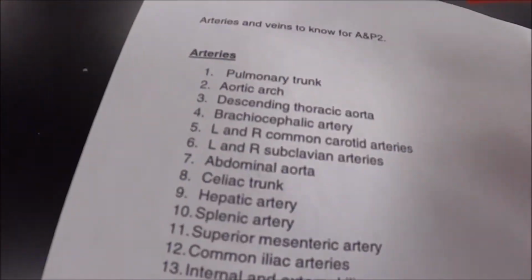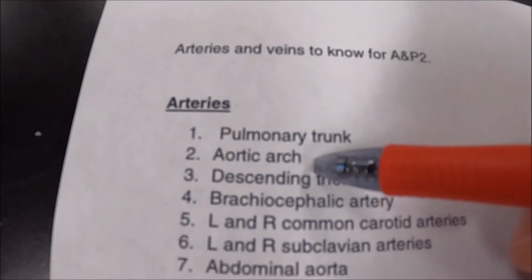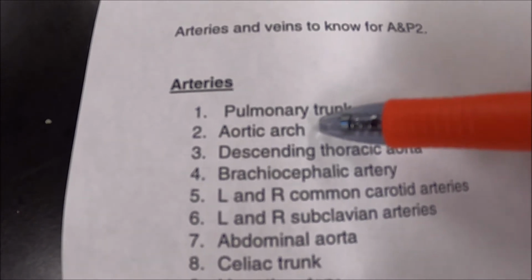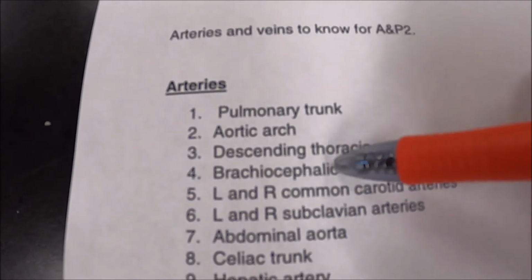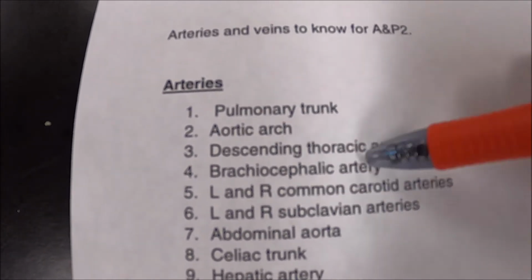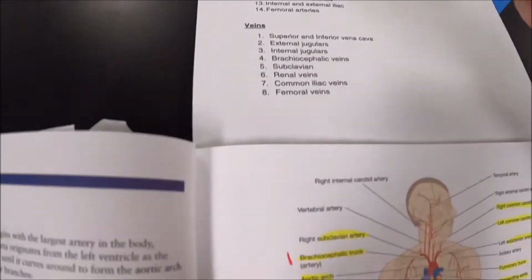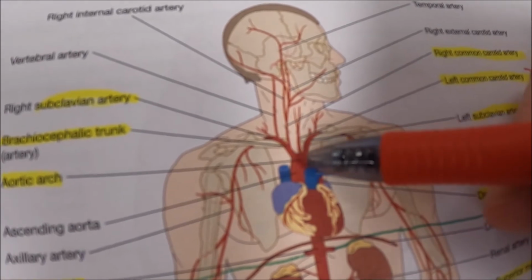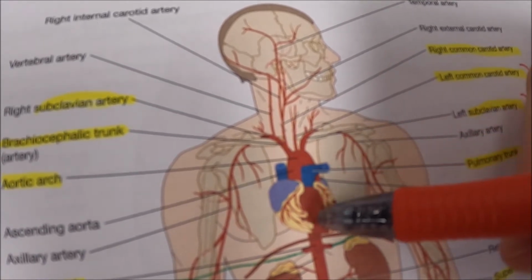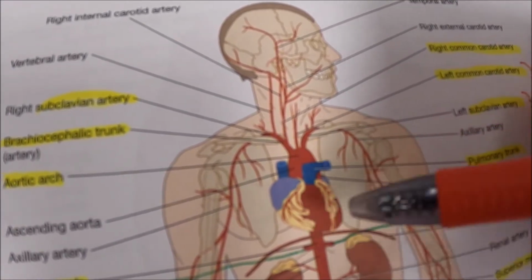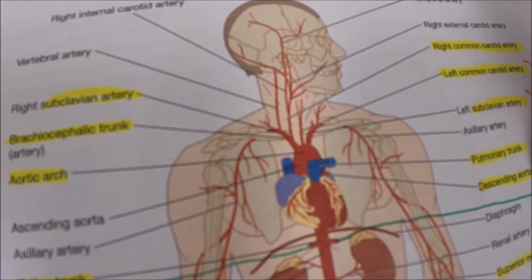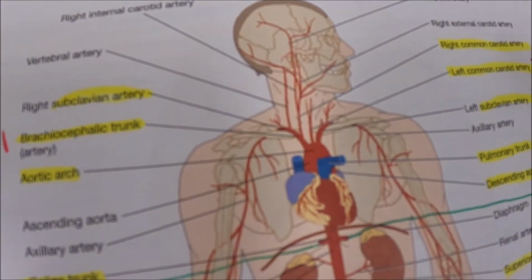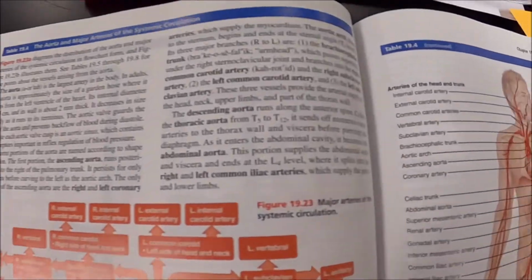So you can see that aorta and use it as a starting point, and what you do to learn arteries and veins is you follow it down and then you count branches as you go. All right, so for instance, I've got my aortic arch here. It's going to go down what's called a thoracic aorta. It's going to be behind the heart. Descending aorta, also thoracic aorta. This depends on what text you're looking at.